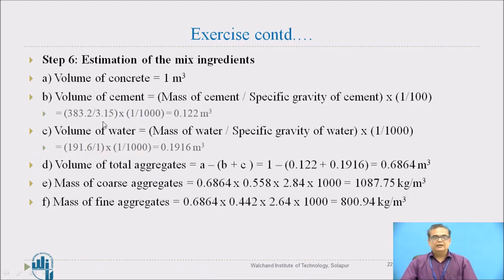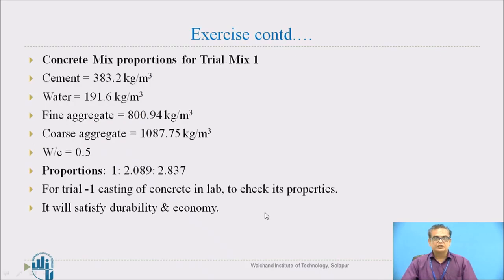Then estimation of mix ingredients: we get for 1 cubic meter of concrete the volume of cement, volume of water, and volume of aggregates. Mass of aggregates can be found from them because we know the density. Mass of fine aggregate is this much, and then the trial mix proportion is obtained as 1:2.089:2.837.